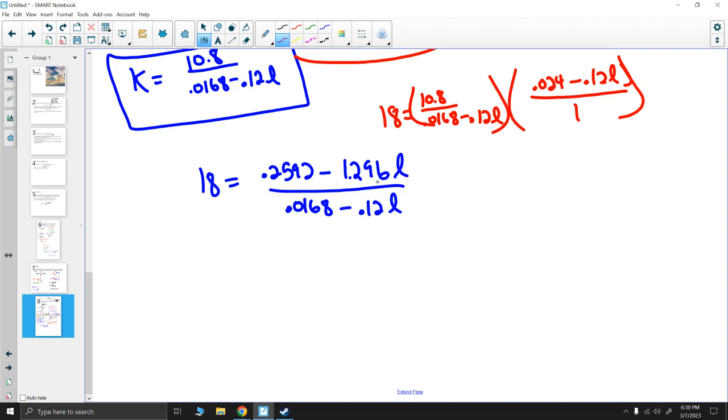Okay, now, if we think about this, we have L's top and bottom. So, in order to solve that, this is rational. Move it over to the other side.